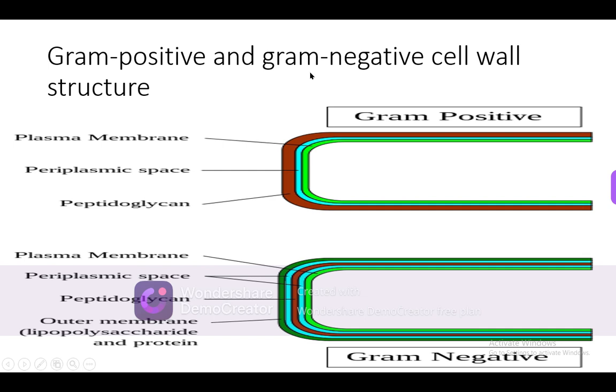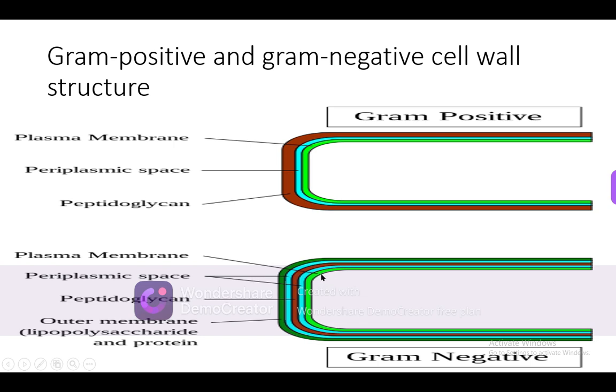Now, the gram-positive and the gram-negative cell wall structures are explained here. Gram-positive, you see the plasma membrane here, and then we have got the peptidoglycan. This is one, and this is the periplasmic space, which has a very small amount of fluid. On the other hand, the gram-negative cell wall, you have got these structures.